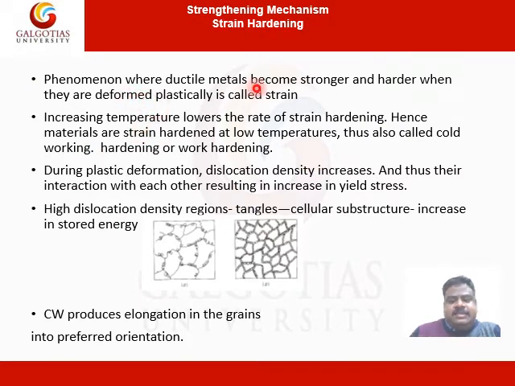When the material is deformed plastically below the recrystallization temperature, that is known as cold working. A cold worked metal becomes stronger and harder. That is known as strain hardening. The strain hardening increases the strength, but if you increase the temperature, it lowers the rate of strain hardening.